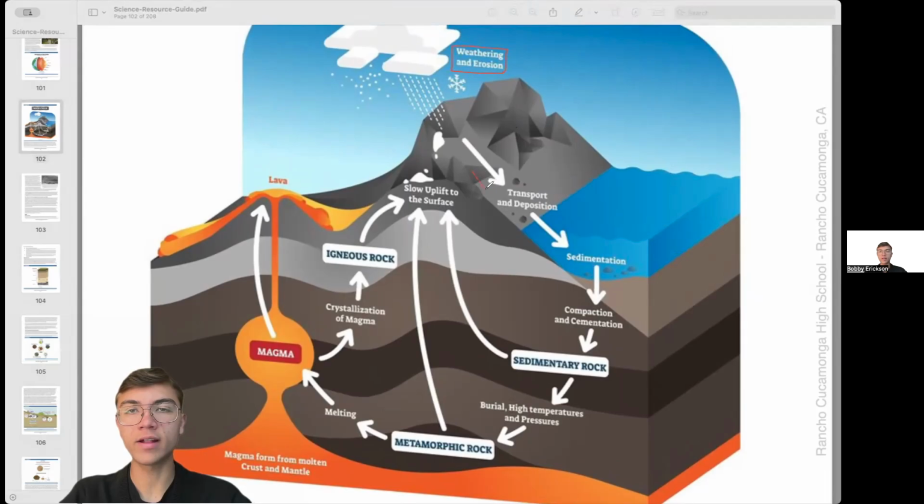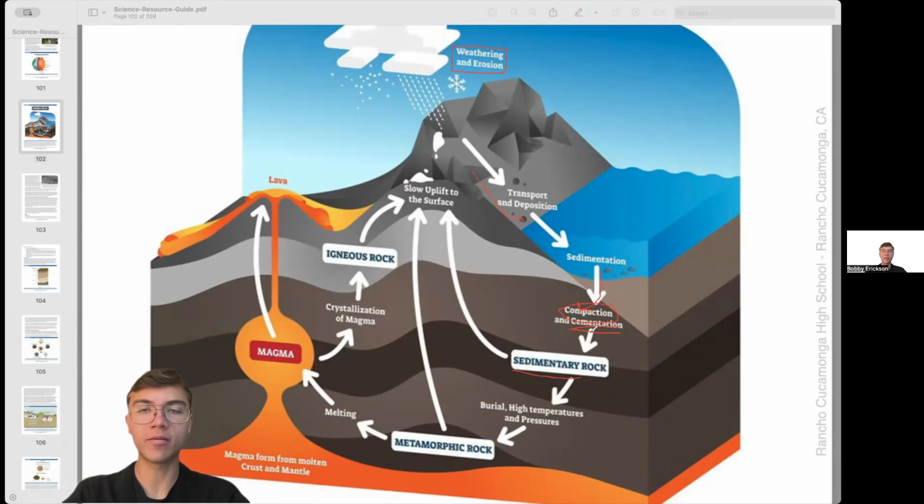Then it's transported down to the water, transport and deposition, and then there's sedimentation underneath the water, which can happen due to water compacting the different rocks underneath. So it's compacting and cementing it. Cement is what we use in our sidewalks, and it's harder. Then after cementation, it's sedimentary rock.